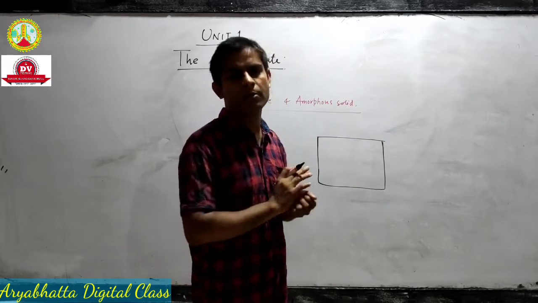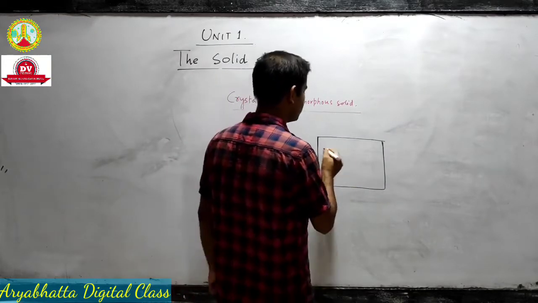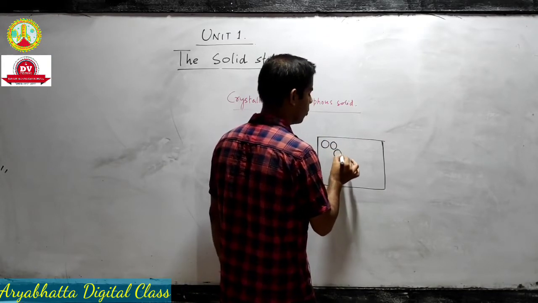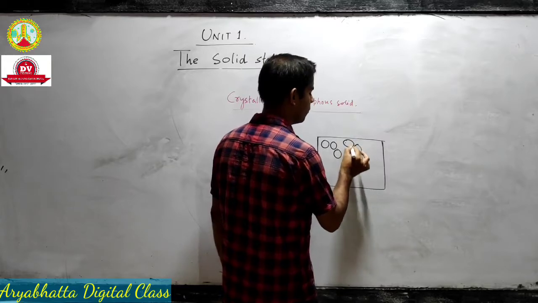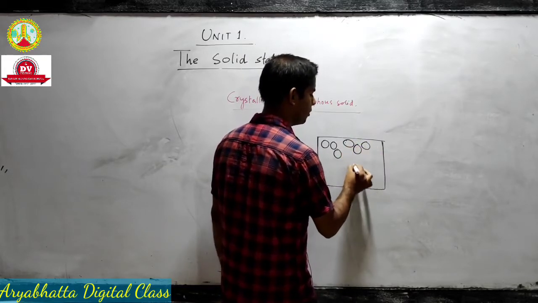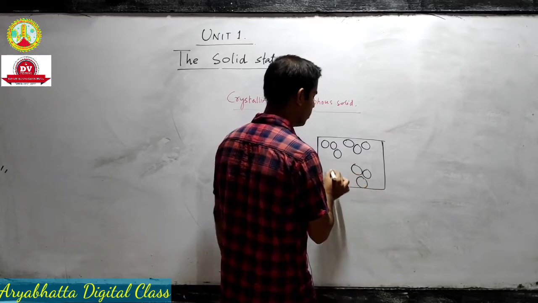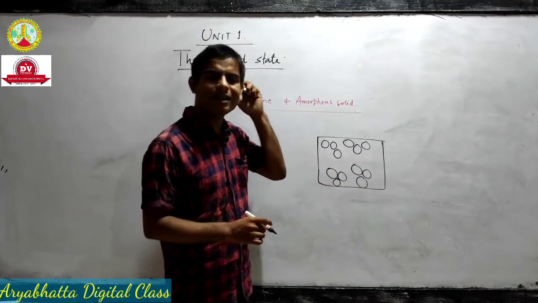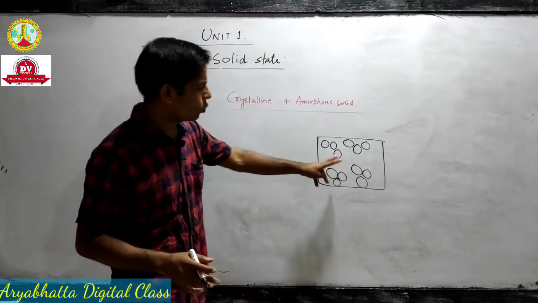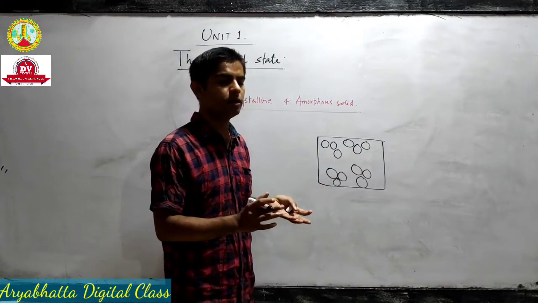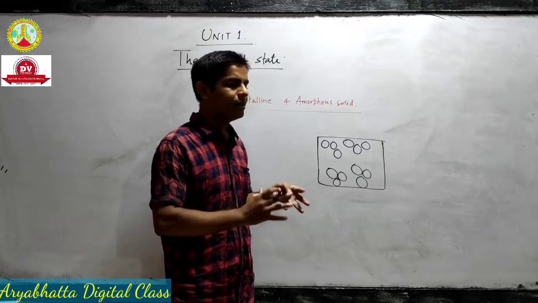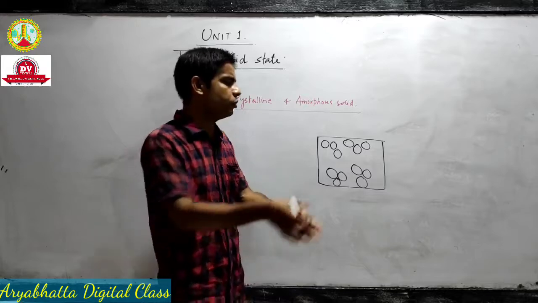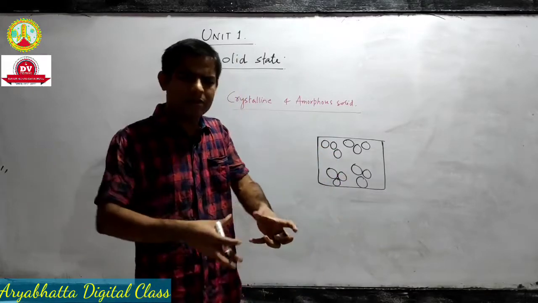Suppose I arrange the balls, the 1st, 2nd, 3rd, up to the 9th ball. Though the molecules are very close to each other, they are arranged randomly. I just took the balls and threw them into the box, and they settle down.